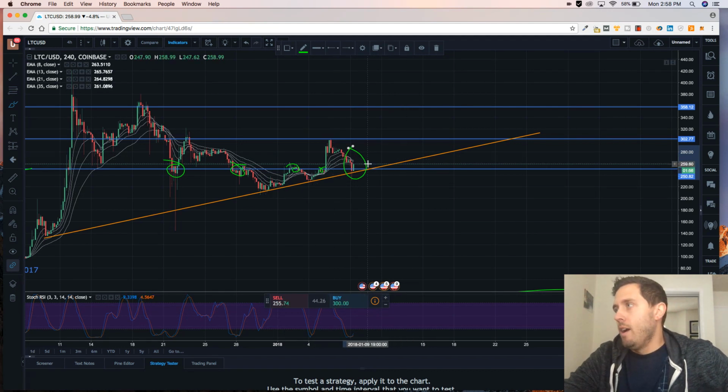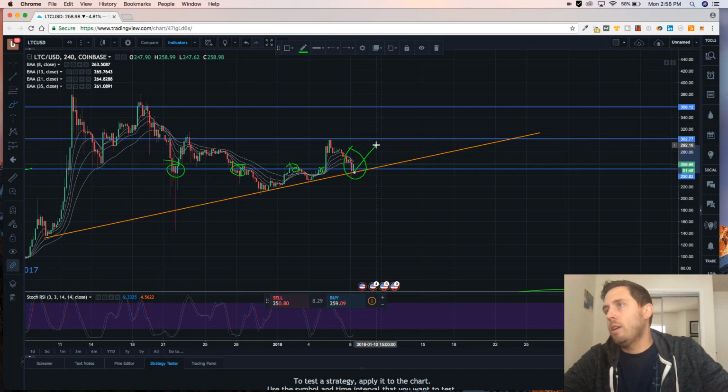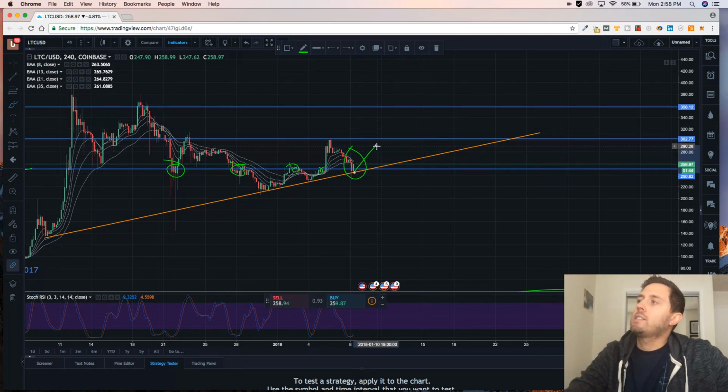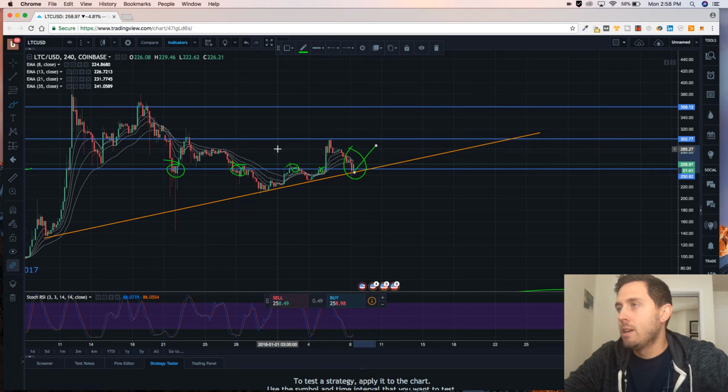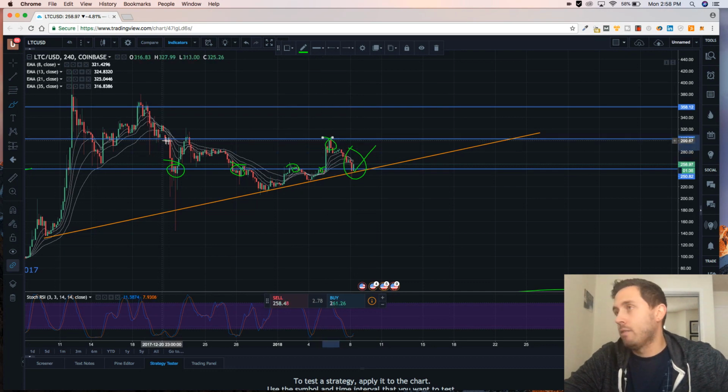So what I would like to see is obviously follow this trend and bounce off this trend line, and go up. Now, if it does that, the next thing to keep an eye on would be the next line of resistance that we see here, right around 300.